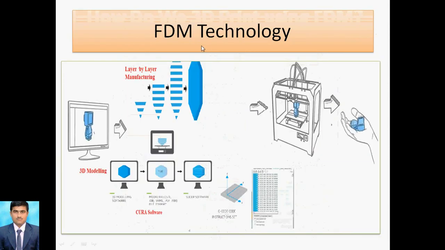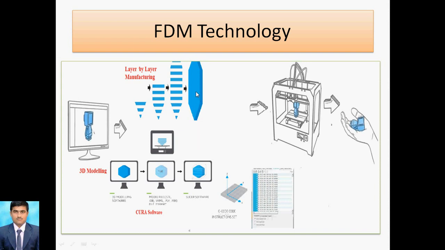So this is the FDM technology we already discussed. Here we create a 3D model in the software. After that we slice it with the help of Cura software. So this is the number of layers we have to form here. This is called layer by layer manufacturing.